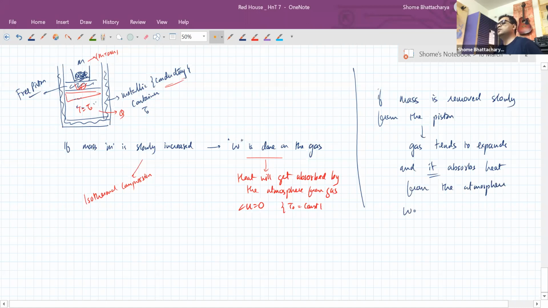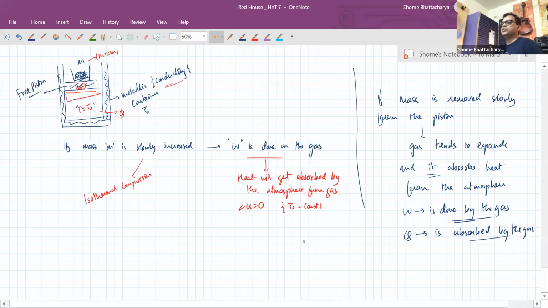So work is done by the gas, and Q is absorbed by the gas. Heat is supplied by the environment to the gas.